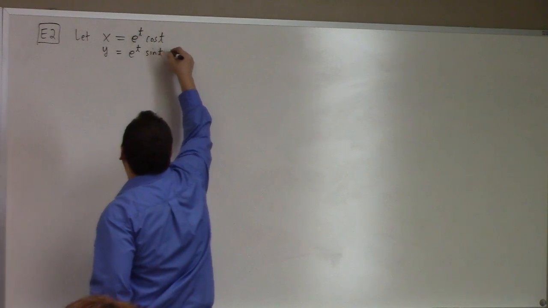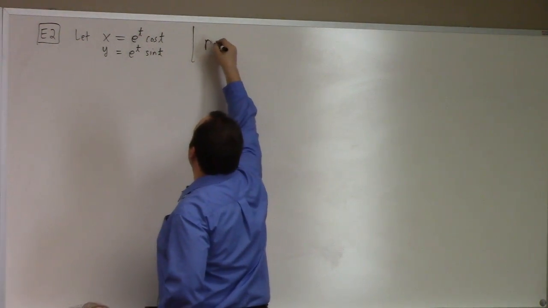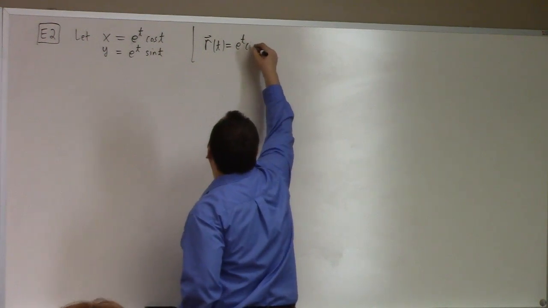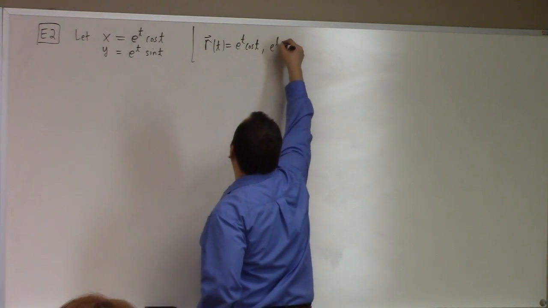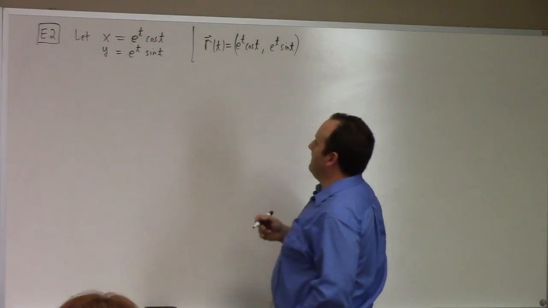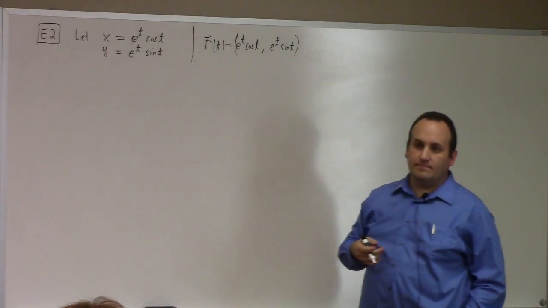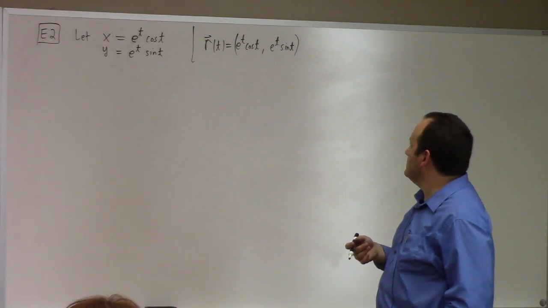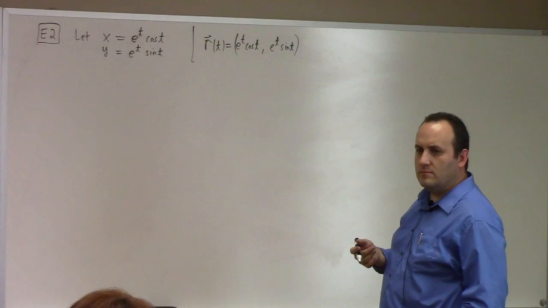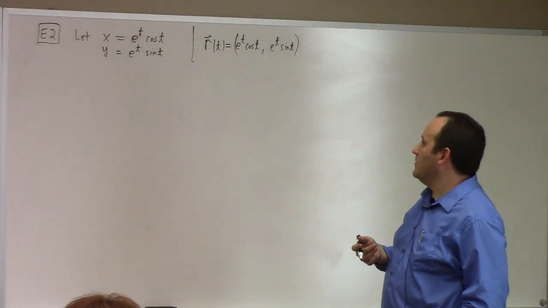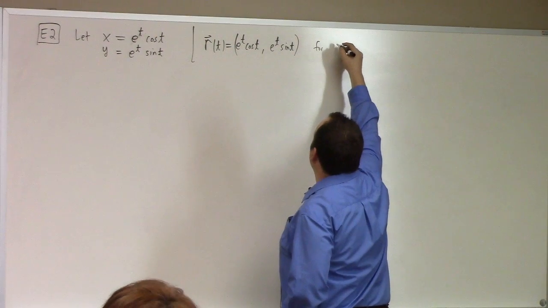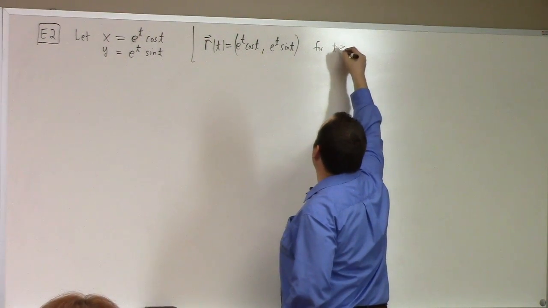So in my other lingo, r of t is e to the t cosine t, e to the t sine t, for t greater than or equal to 0.